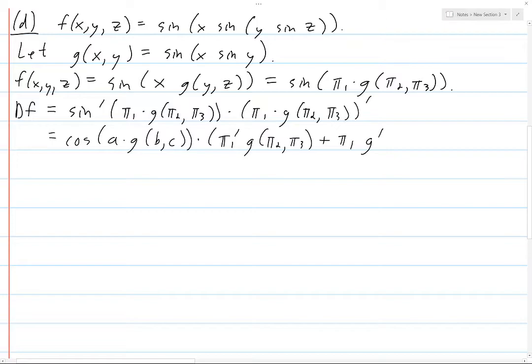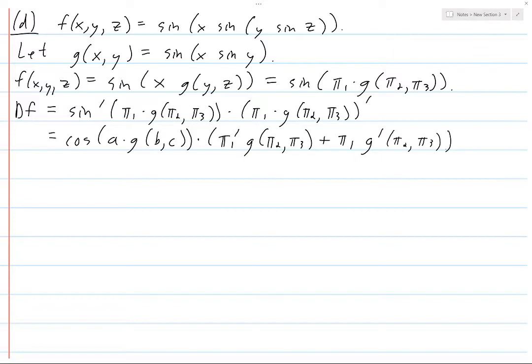So we have to figure out a way to evaluate g prime at pi 2 comma pi 3. Well, let's see here. So what are we going to do here? This is cosine of, again, a times g of b comma c.